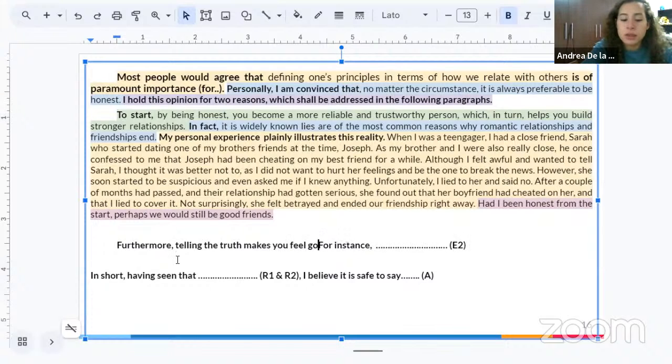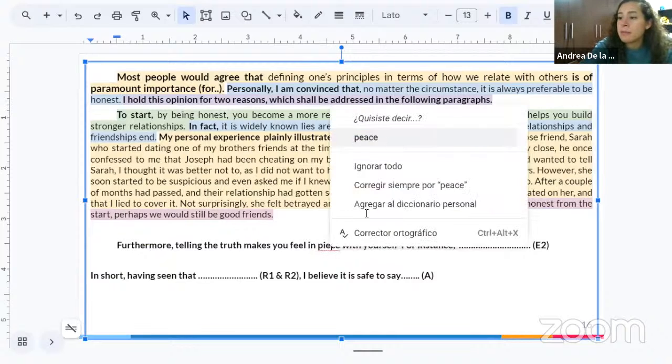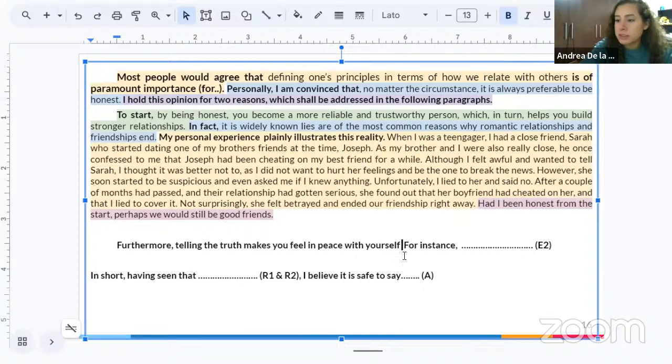feel good with yourself. Can you guys think of a synonym for the word good? In peace, maybe, right? So try to remember that I told you to always look for synonyms to the most common adjectives. So telling the truth makes you feel in peace with yourself, makes you feel in peace, at ease, maybe. So telling the truth makes you feel in peace.